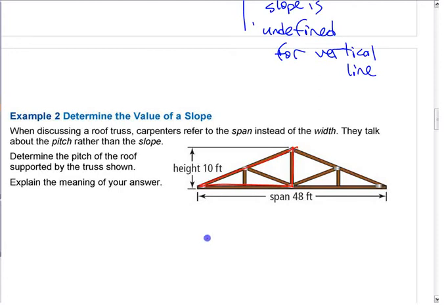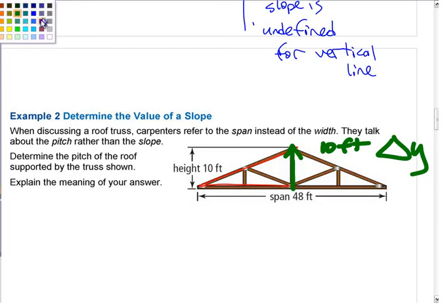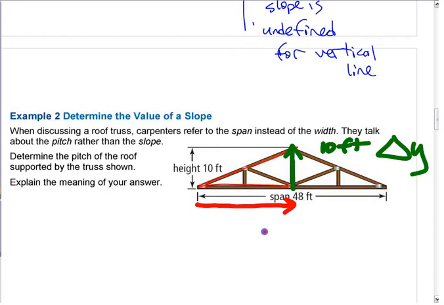This roof goes up 10 feet. That's what delta y is. It goes up 10 feet when it goes how far across here? 24 feet, right? That's what delta x is.